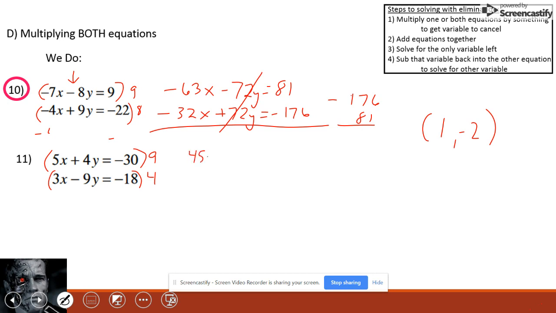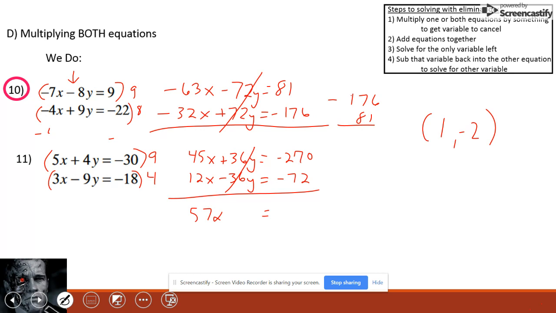So I have 45x plus 36y equals negative 270. And here I have 12x minus 36y equals negative 72. Those cancel out. 57x equals negative 342.